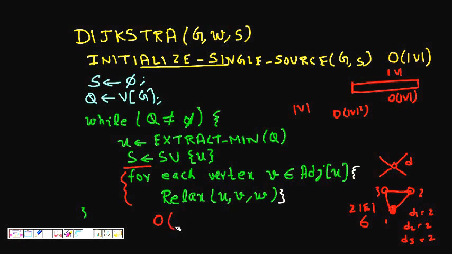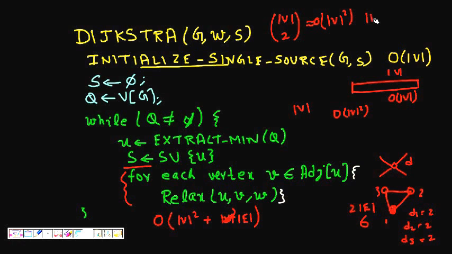So this part is O of mod V square, and this is happening for mod V, mod E. In fact this is happening for just mod E, because it is twice E. And one more relation: if we have mod V vertices and even connect each vertex to all other vertices, we have mod V choose 2 edges, which is O of mod V square.